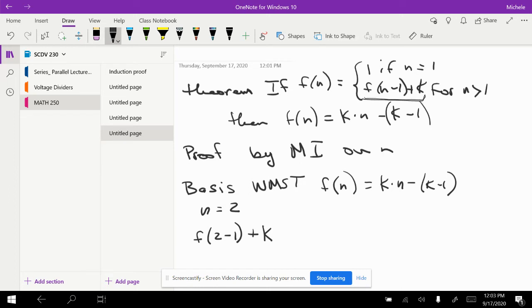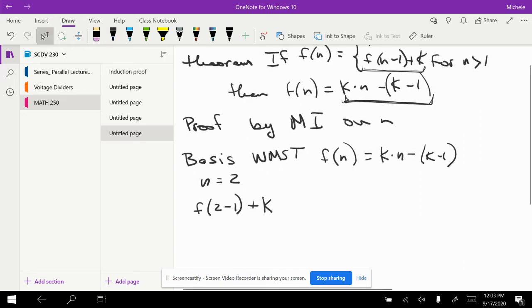I'm going to say, does that equal this? Right, so this is my closed form, and this is my function. And so I'm taking my function first and saying, does that equal k times 2 minus 2 minus 1? Minus k minus 1, that's a k.